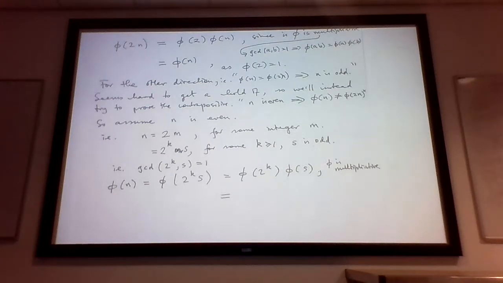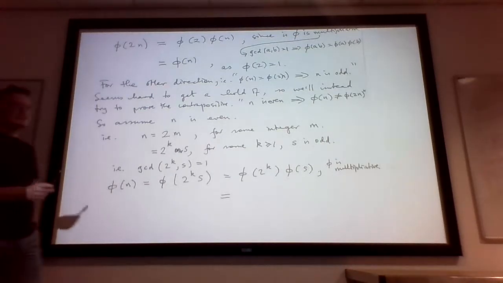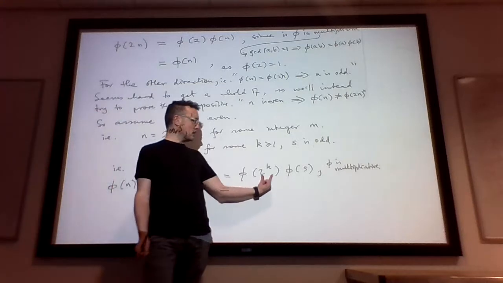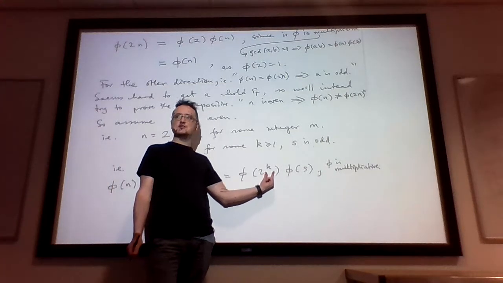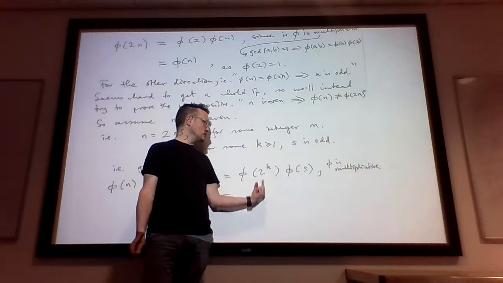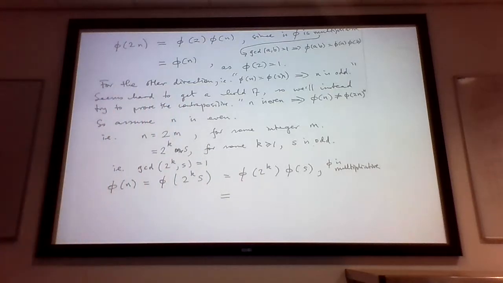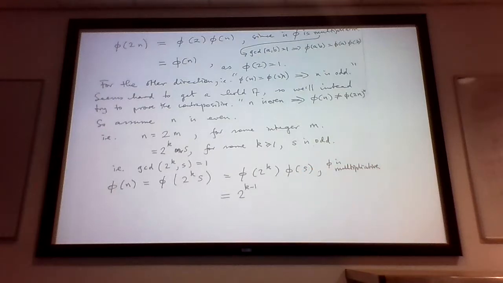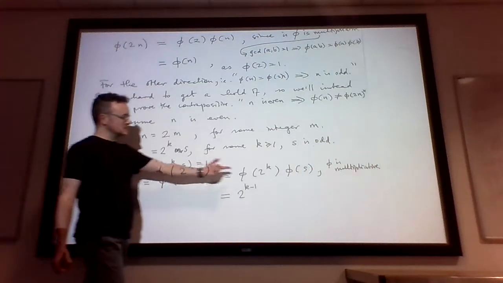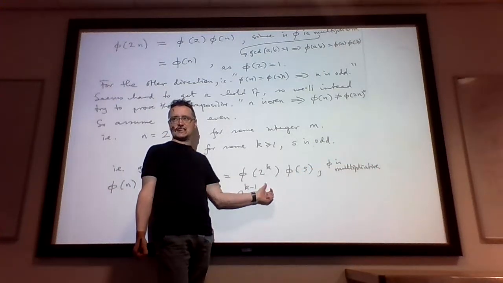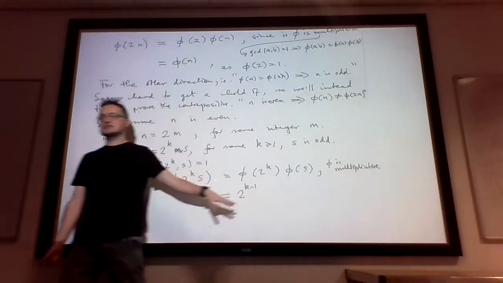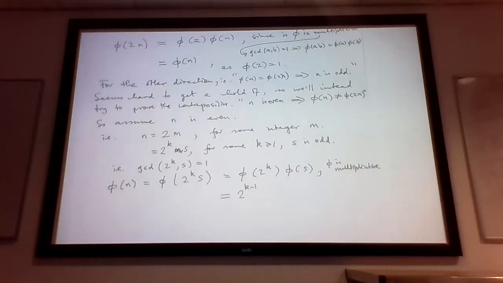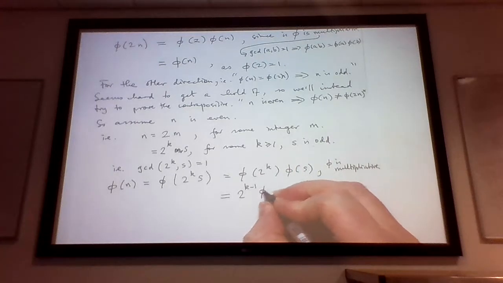Just apply the multiplicative formula. That's a prime factorization of this number. It's 2 to the power k. So the rule is you reduce the power by 1, so 2 to the k minus 1, and you multiply by 1 less than the prime. But this is the prime 2, so 1 less than it is just an extra factor of 1. So I won't bother writing that down. So phi of 2 to the k is 2 to the k minus 1, and this still multiplies phi of s.